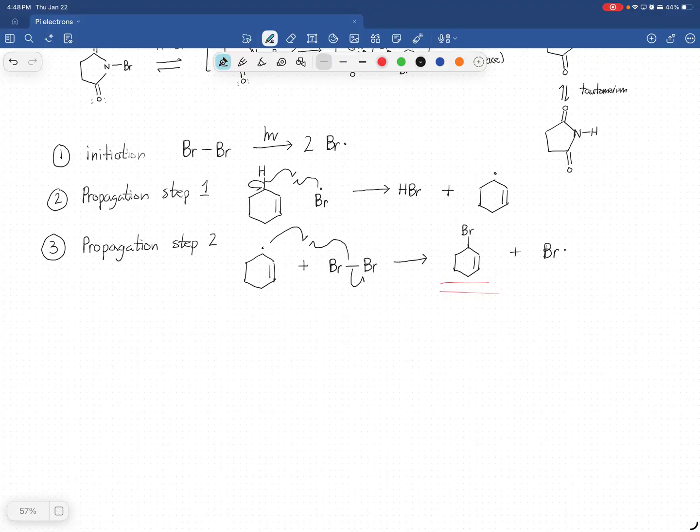So the very last thing we'll do, regioselectivity of free radical halogenation of allylic compounds.